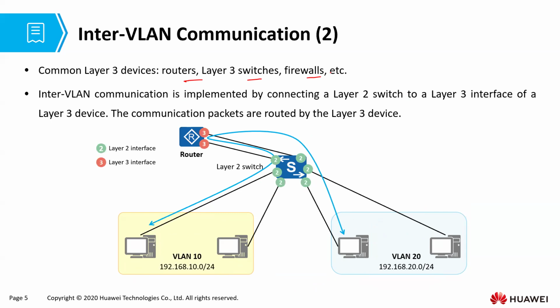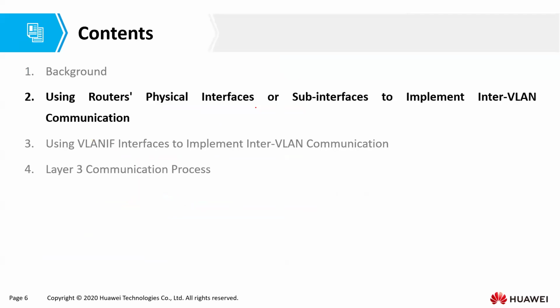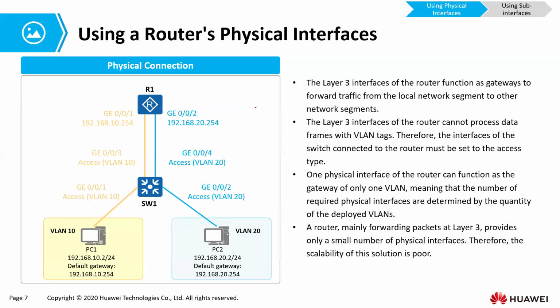Then, how can we have inter-VLAN routing? There are different ways that we can have it. One, we can use a router's physical interfaces to do our routing.